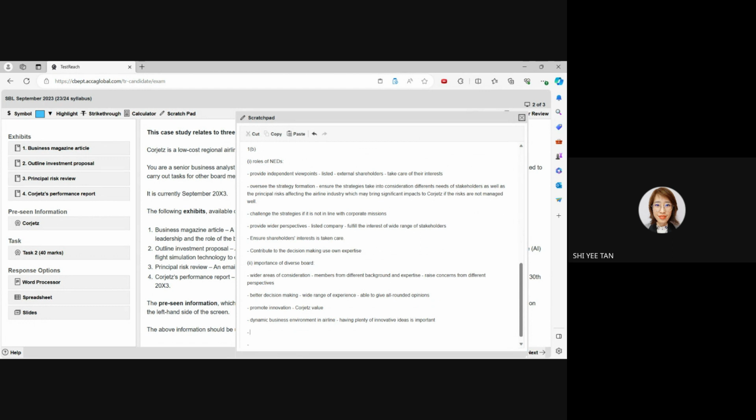For the diverse board, there's one more thing that you can talk about. The new point is that a diverse board will ensure the interest of every stakeholder will be taken care of. Because this diverse board, you can see they come from different backgrounds, different races, different genders and so on, right?